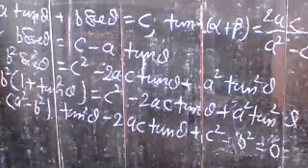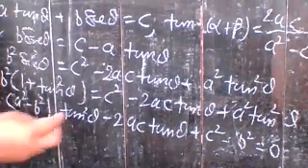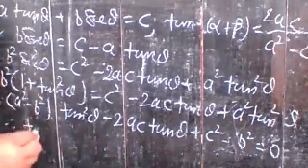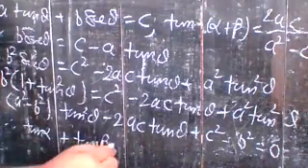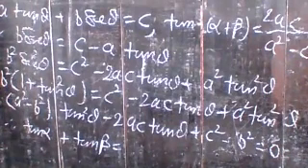You know the formula for the sum of roots and the product of roots. The sum of roots, tan alpha plus tan beta, is equal to minus b by a.